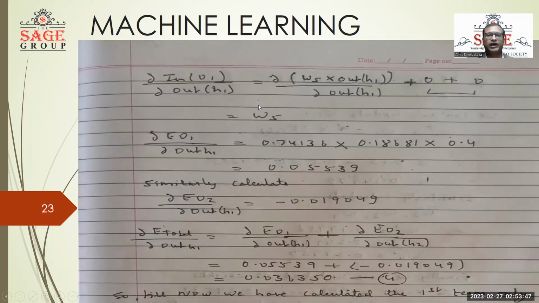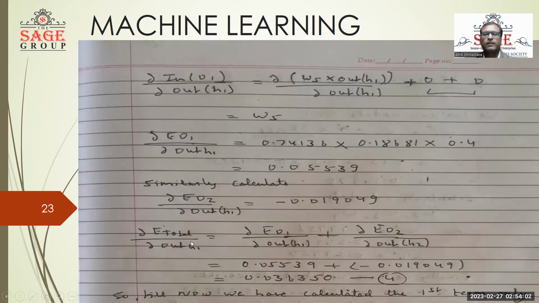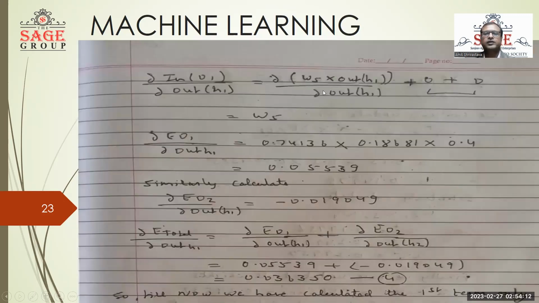So ∂in_O1/∂out_H1. in_O1 is this. So when I partially derivate this with out_H1, then the output of this term will be W5 only.